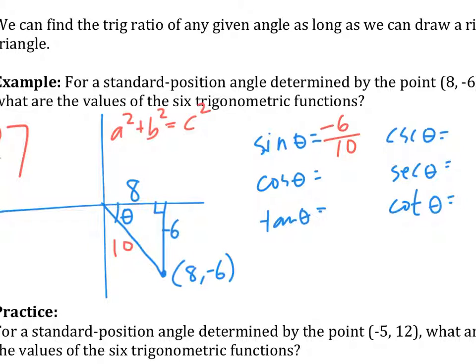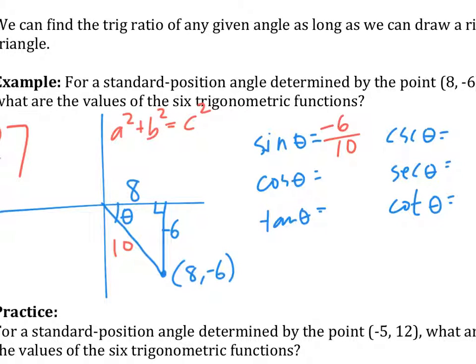We got to this point where we had a triangle based on where our point is, which is (8, -6). We drew a right triangle where we connected the point back to the origin, which became the hypotenuse, and we connected the point back to the x-axis, perpendicular to the x-axis, and that created a right angle. So we have a right triangle.